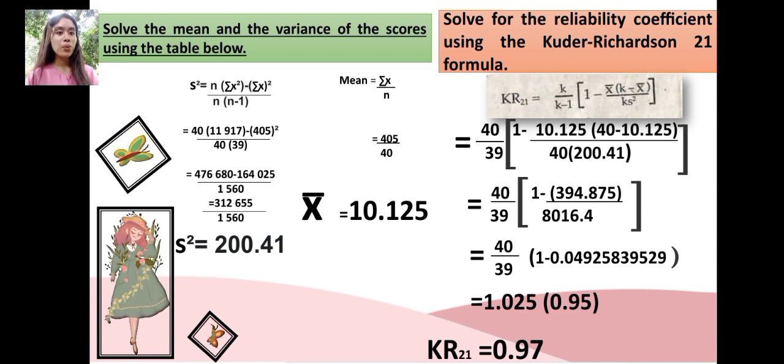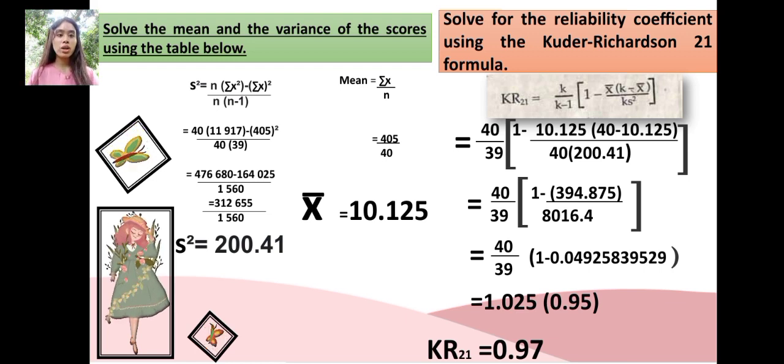We are now able to solve for the reliability coefficient using the Kuder-Richardson 21 formula. So the formula of KR21 is K over K minus 1, where our number of items is 40, so 40 over 40 minus 1, which is 39.